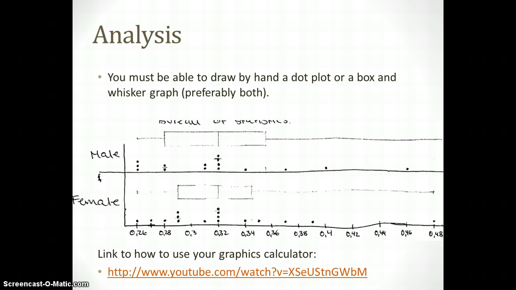There is a link at the bottom of this slide to explain how to use this tool. We don't have time this lunchtime, but I suggest that from your homework books you practice drawing dot plots and turning them into box and whisker plots.